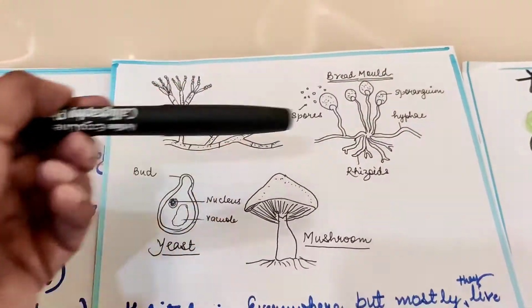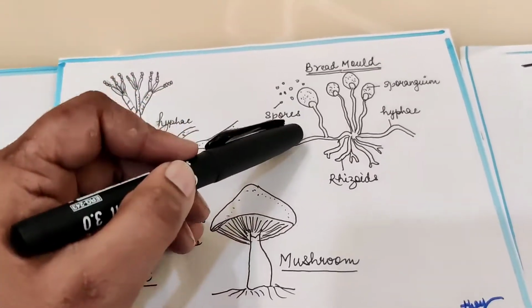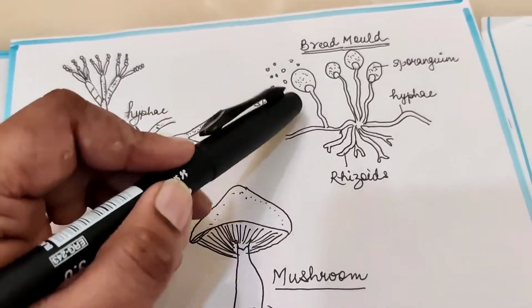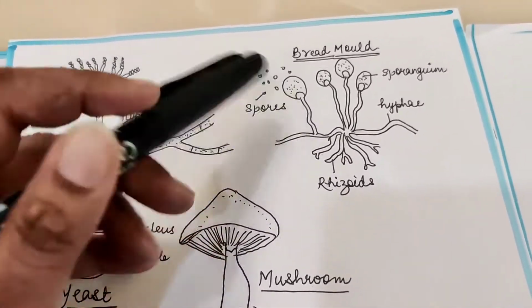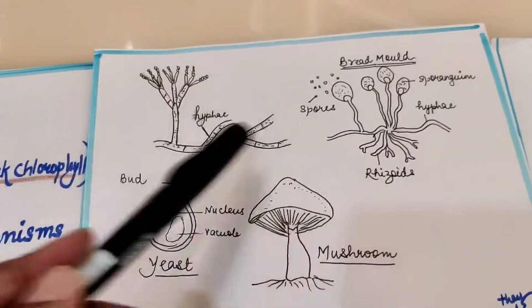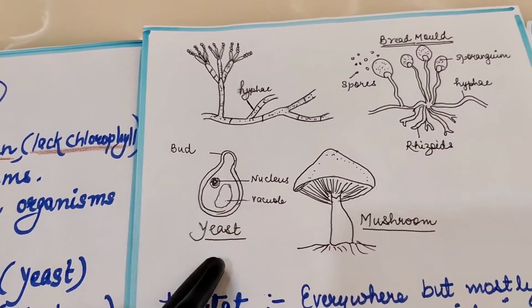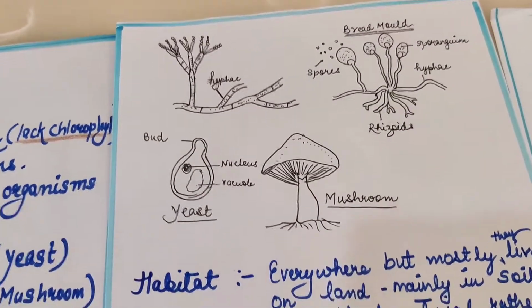Now these are four best examples. The bread molds, they are like lollipop structures, but they are not lollipops. You are not going to eat them. They are bread molds; we throw them away. These are yeast, very helpful fungi, and mushrooms.